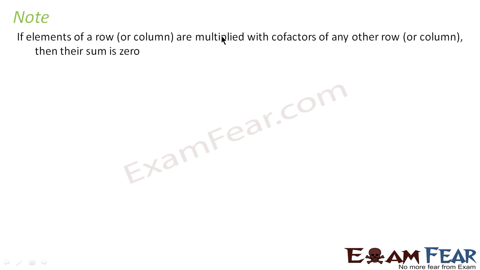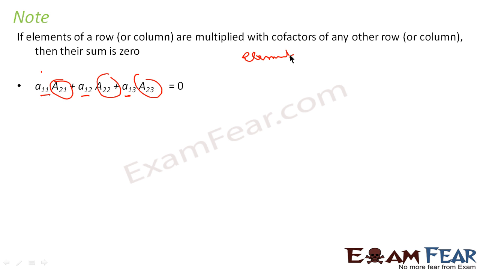Also, we have to note that if the elements of a row are multiplied with the cofactors of another row, then their sum is 0. This is just a property. For example, A11, A12, A13 are all elements of the first row, and if the elements of first row are multiplied with the cofactors of the second row and you add, this becomes 0.